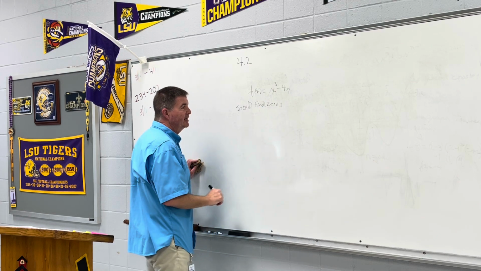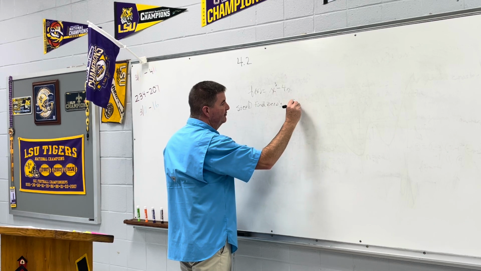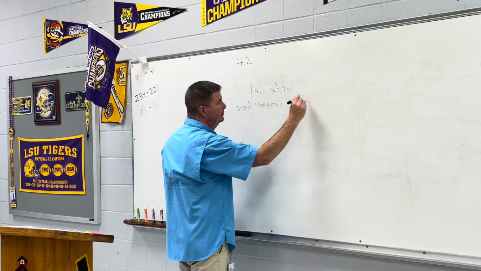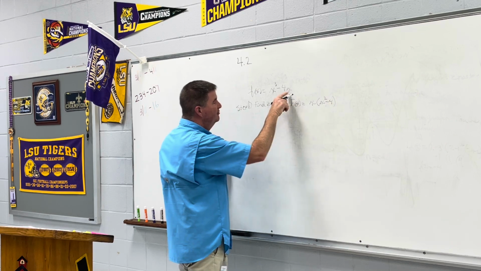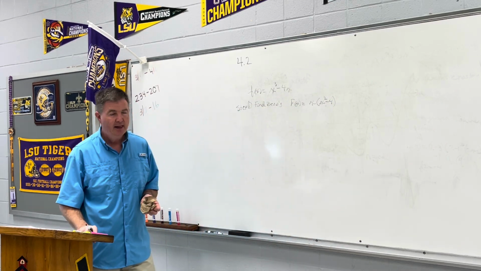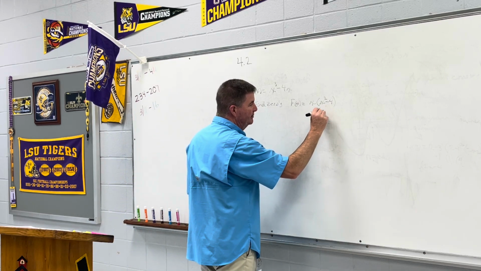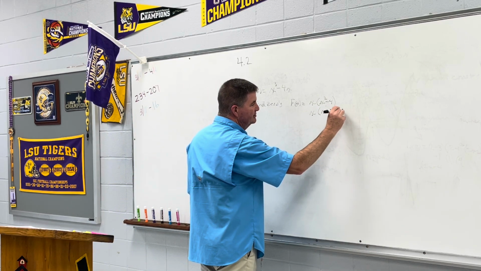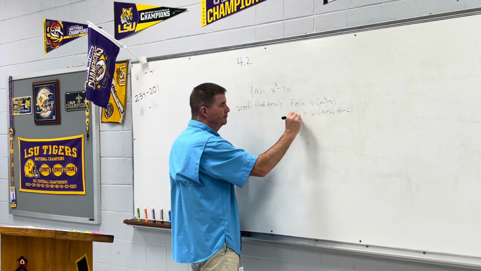So if I factor this, f of x is equal to x times x squared minus 4. Factor an x out of both of them. Then this factors down to x times x plus 2 times x minus 2, because this is the difference of 2 squares.